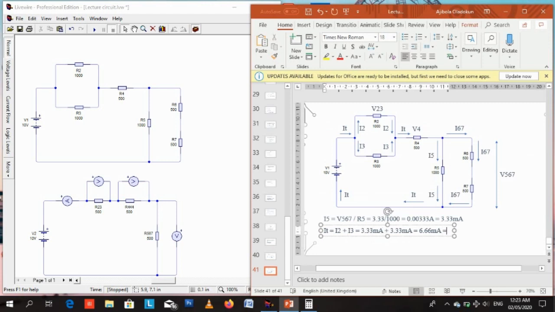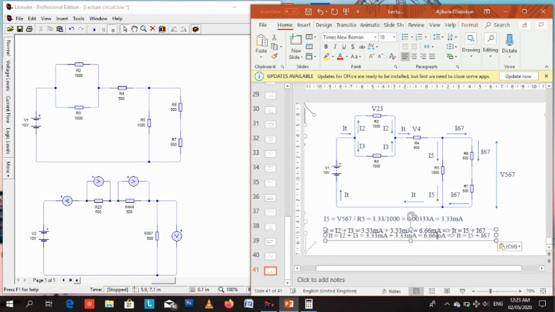Now IT, the total current, is also the same thing as, when it gets to this intersection, it divides into two, I5 and I67. The total current is split into two at this junction. So you can say that the total current is I5 plus I67, because I5 and I67 combine together at another junction, the junction below, to form IT once again.